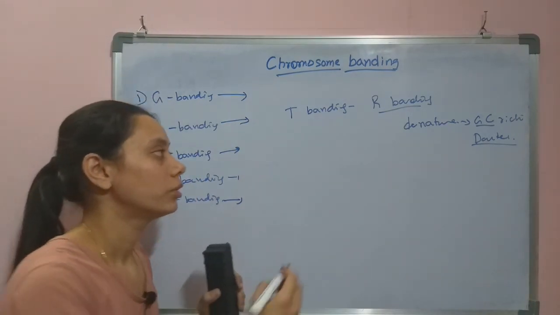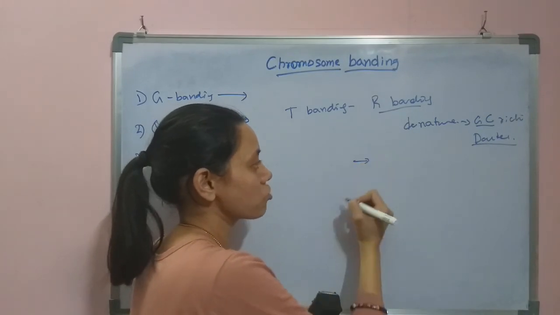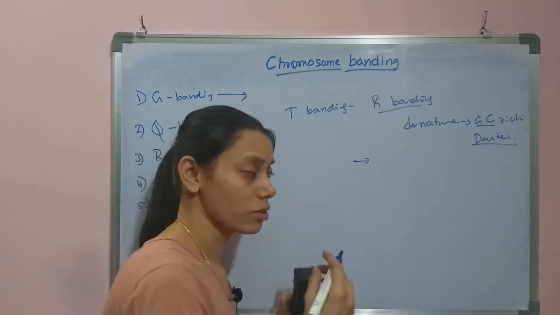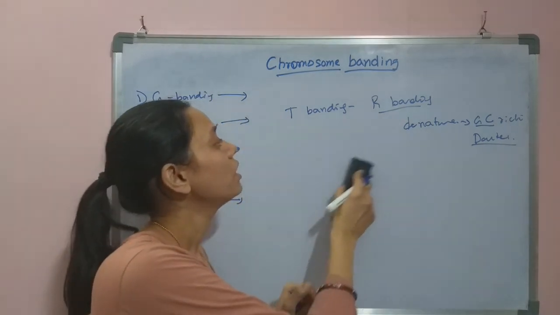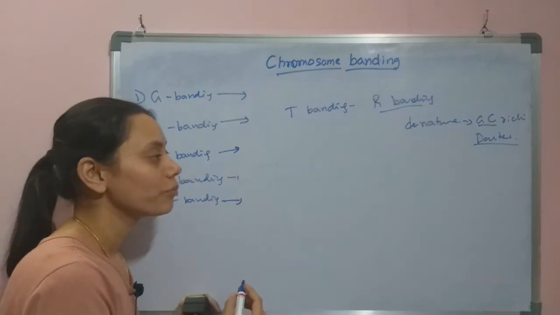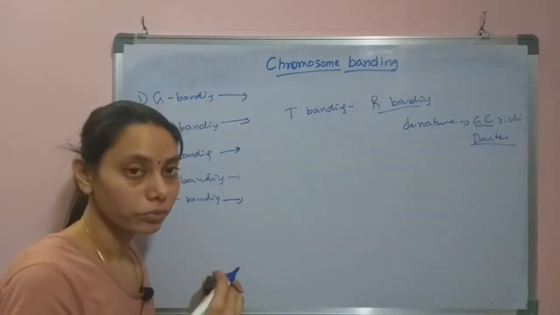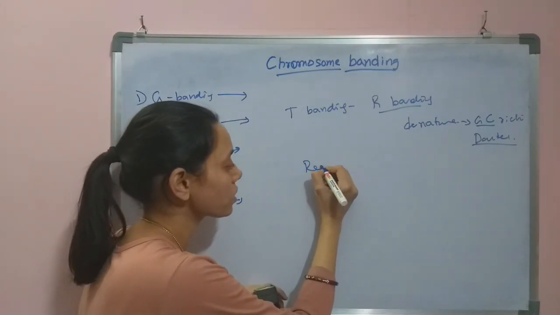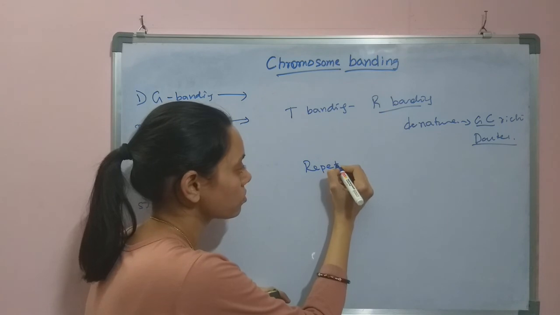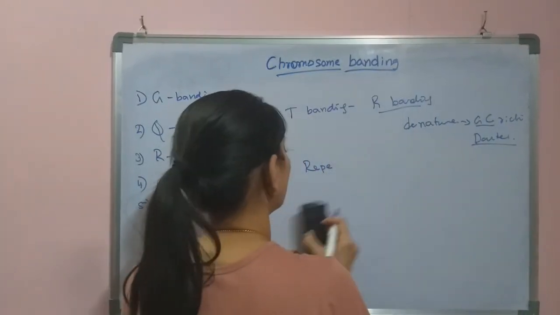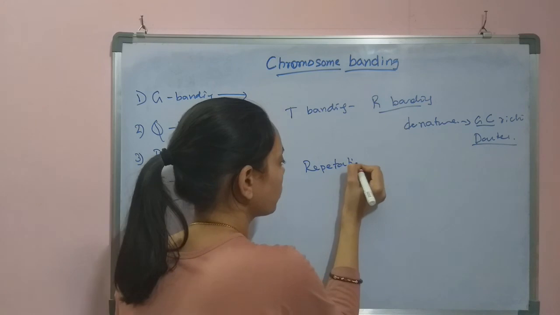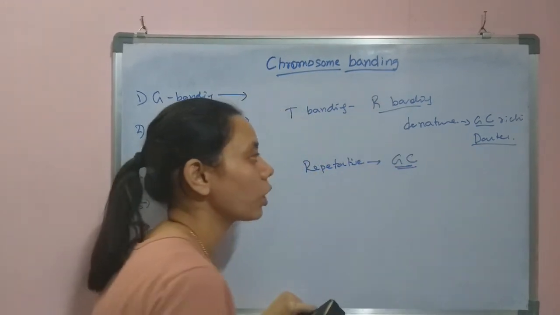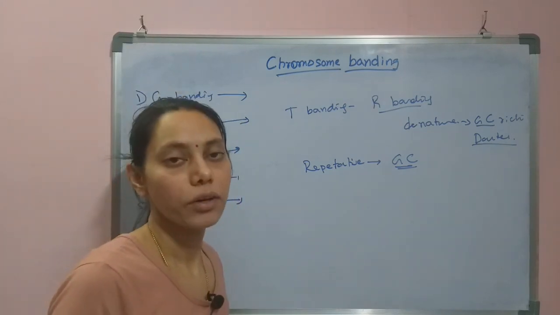If we go for much higher or stronger treatments to denature the sample, then we can obtain this T banding, in which the regions which retain the dye will be only the repetitive sequences. So the repetitive GC sequences will retain dye more than all the remaining sequences.